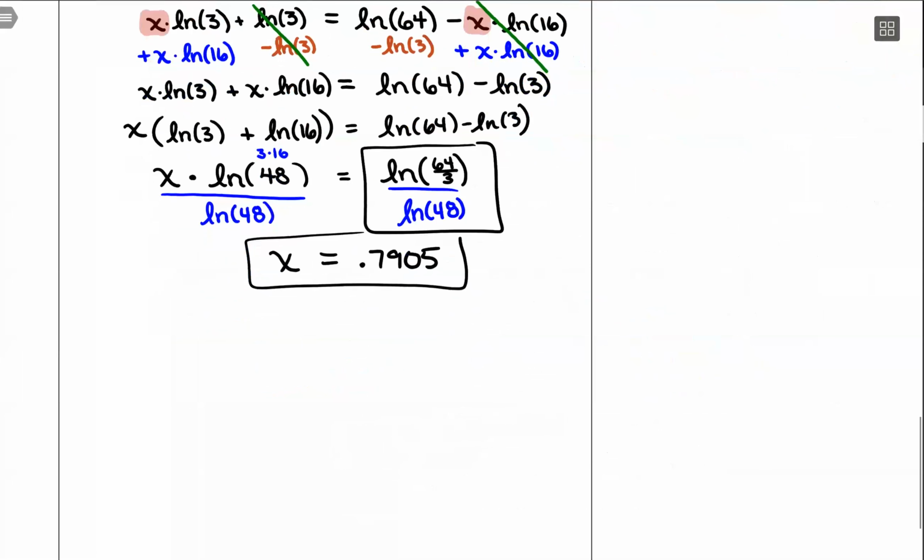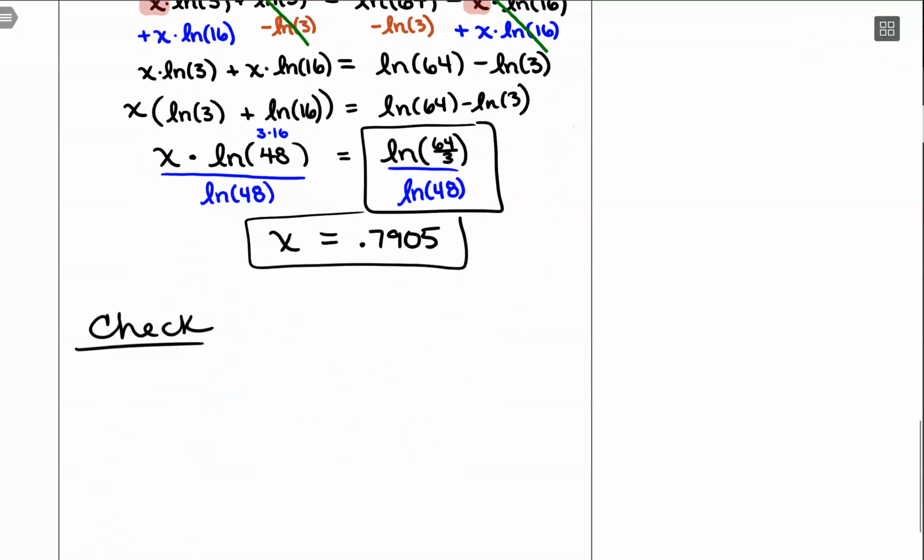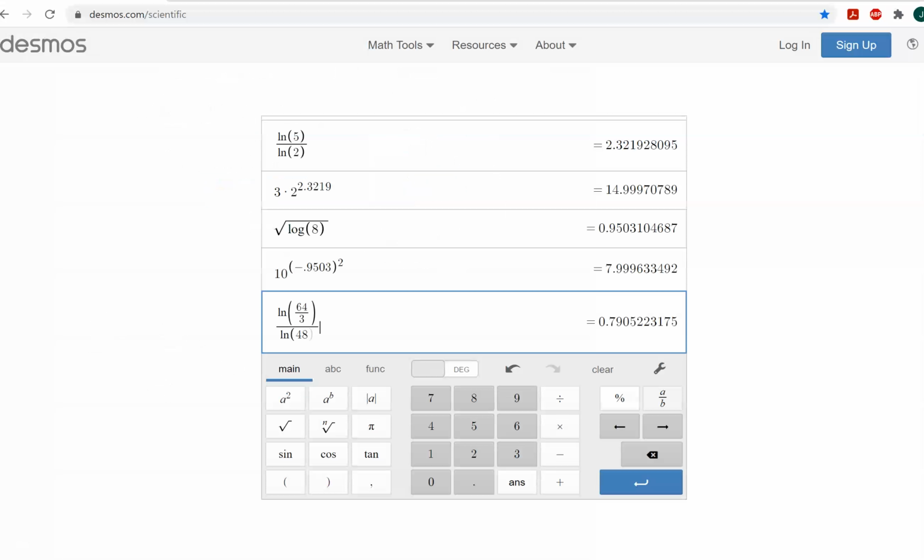Of course, before I box those, we should check that it works. So taking that 0.7905 to our original equation, 3 to the 0.7905 plus 1, is that equal to 4 to the 3 minus 2 times 0.7905? What you could do is type both of those into the calculator.